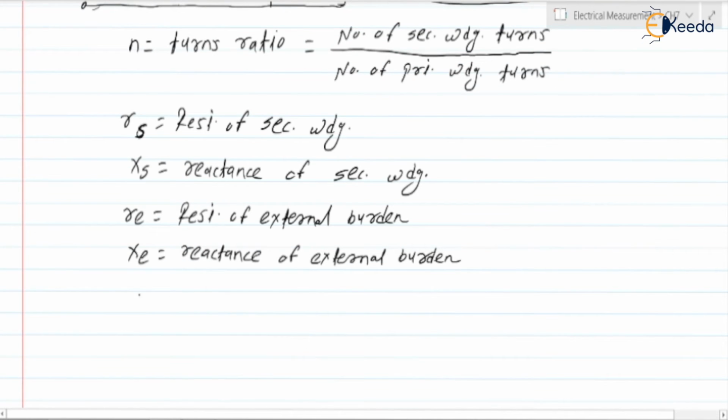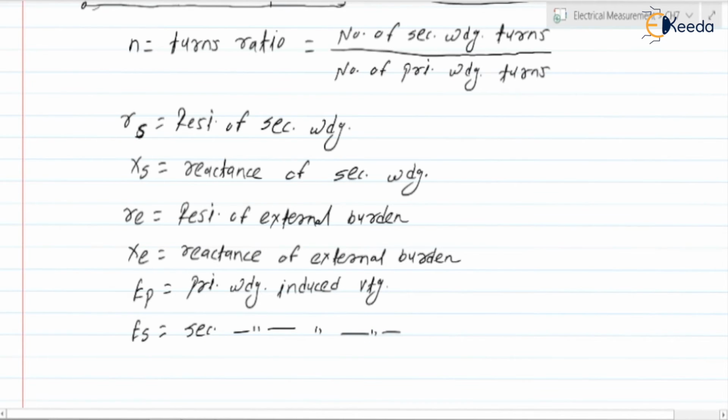Next, EP is the primary winding induced voltage. ES is the secondary winding induced voltage, right?